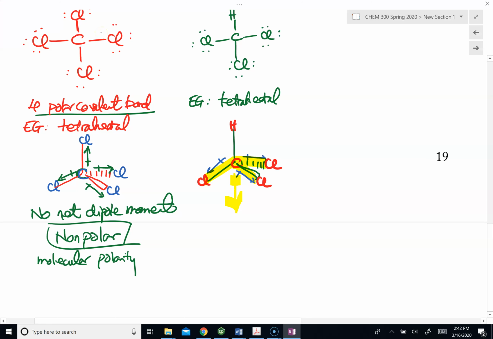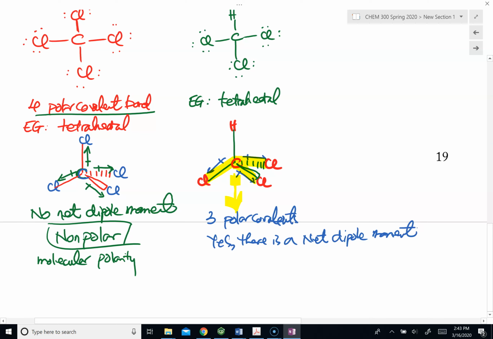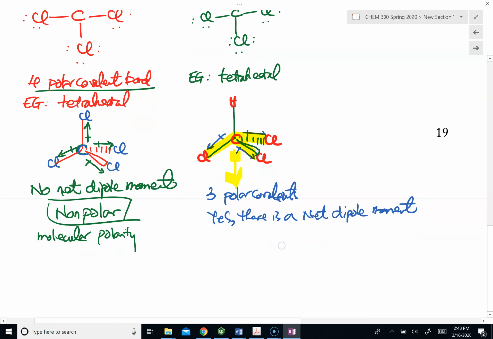So in this case, the molecule has 3 polar covalent bonds, but they do not cancel each other out. Therefore there is a net dipole moment. And because this molecule has a net dipole moment, it is a polar molecule.